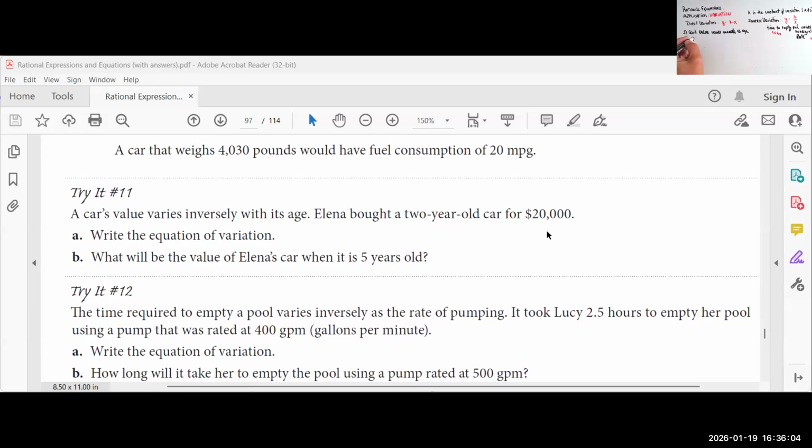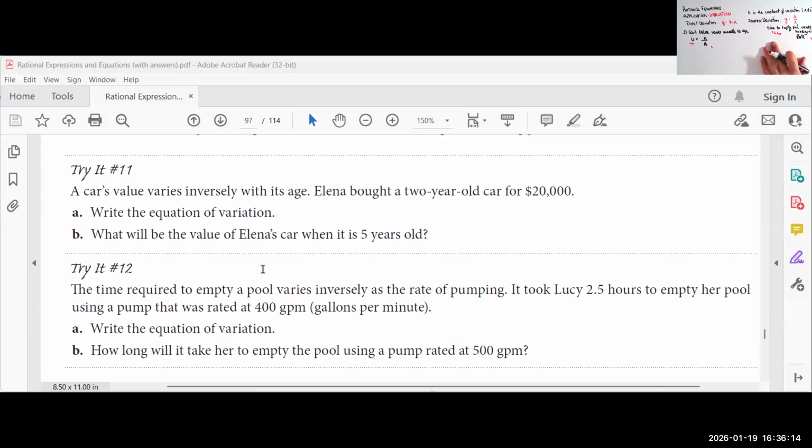So car's value equals K over age. The second example: the time required to empty a pool varies inversely as the rate of pumping. It took Lucy 2.5 hours to empty 400 gallons.